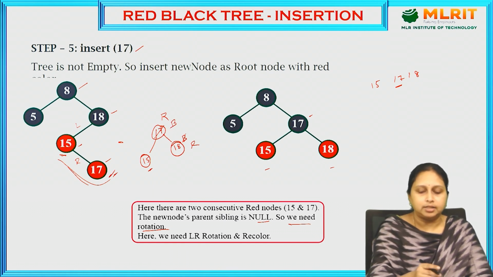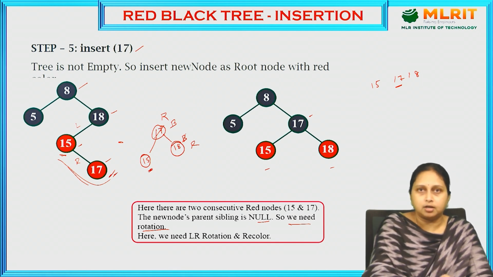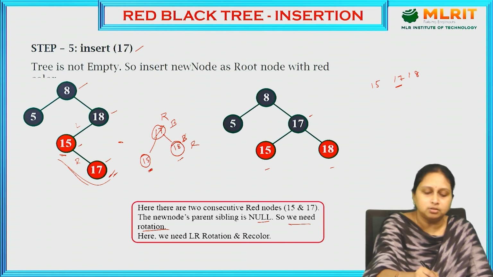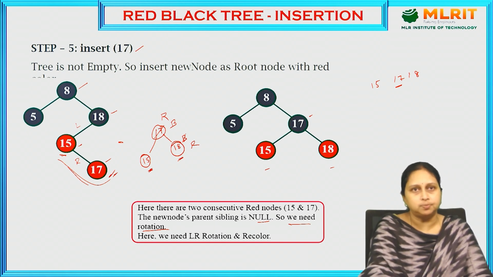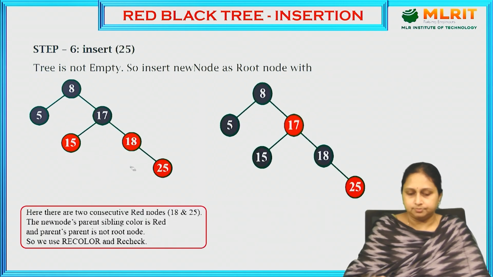Right? This way, we need to convert. As a simple example, I can say whatever the child node color is, the sibling also gets the same color, and the root color has to be changed to the other one. Why? Because you should not have the conflict, right? This way we perform the rotation as well as the recoloring.